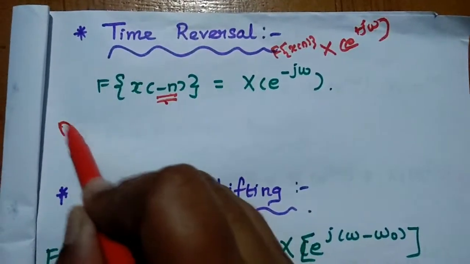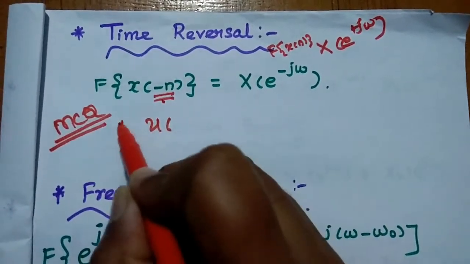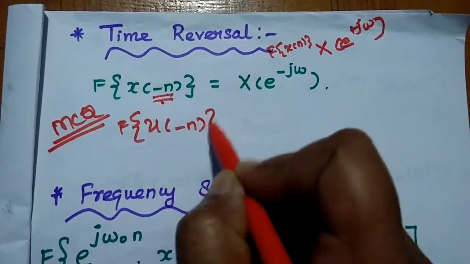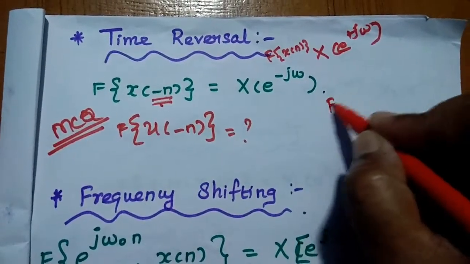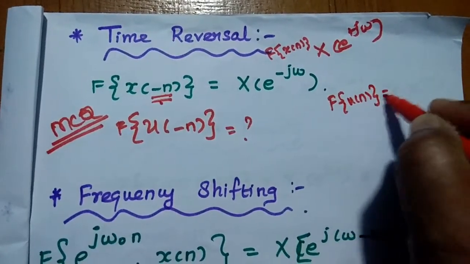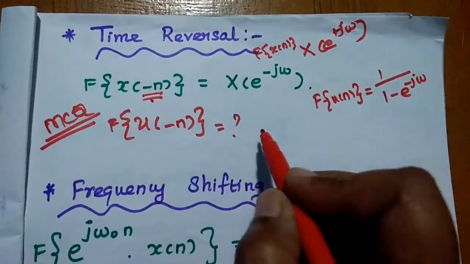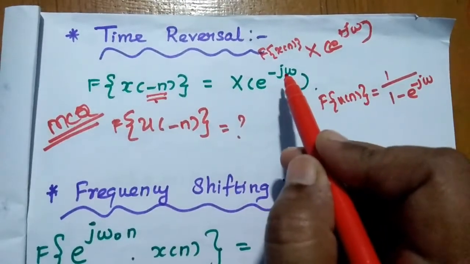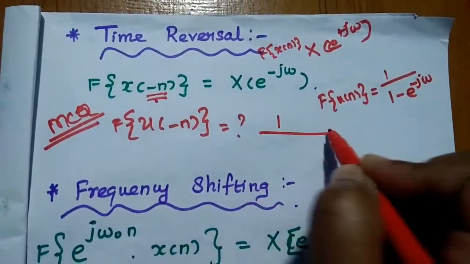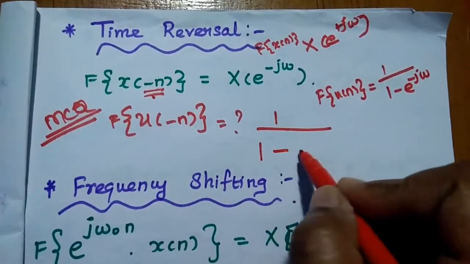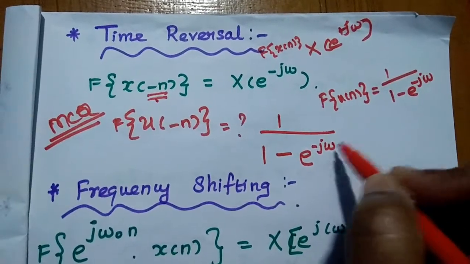Okay. Example, sometimes the question may be like this in MCQ. What is the Fourier transform of u of minus n? So we know that Fourier transform of u of n is equal to 1 divided by 1 minus e power minus j omega. For this, the Fourier transform value changes its sign in frequency, so this omega value is reversed.